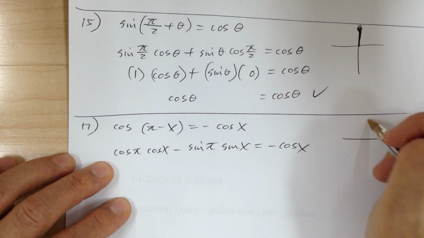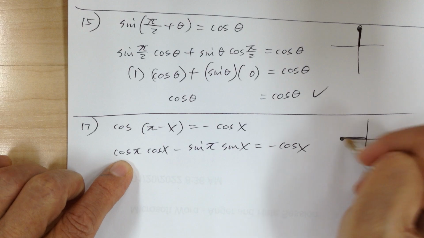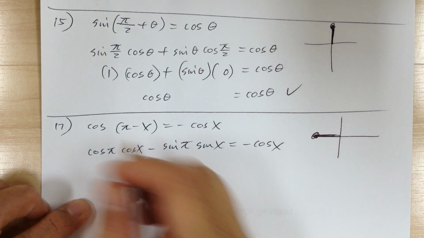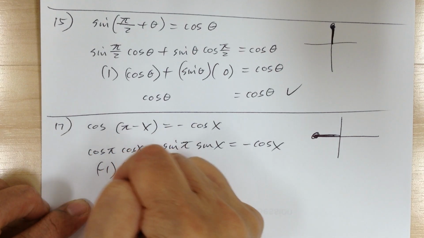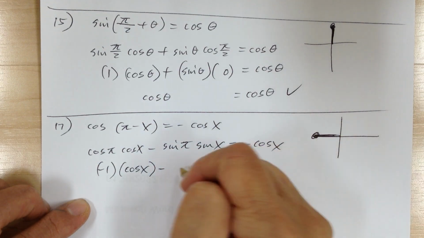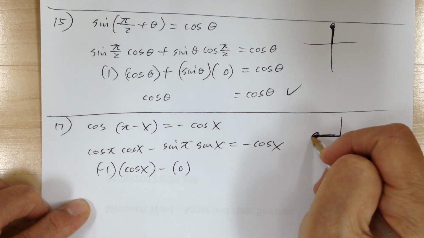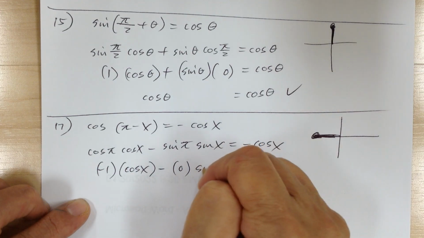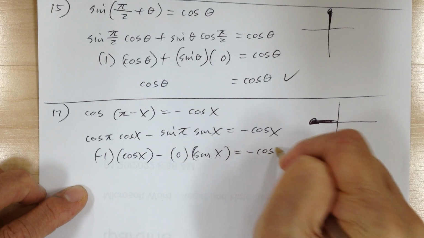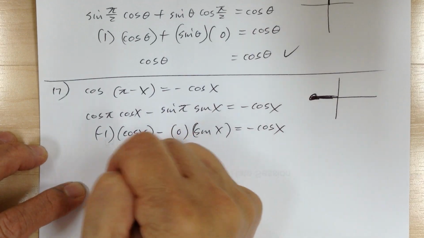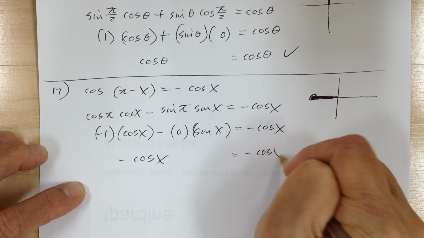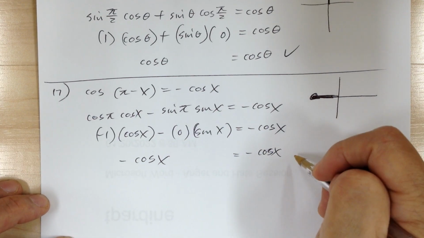Now pi is right over here, so that is this angle. Cosine of that is equal to negative 1. Over here the sine is vertical, so it's equal to 0. Again, over here that's not vertical. And you simplify, so you're going to get negative cosine x. And that's it. So check.